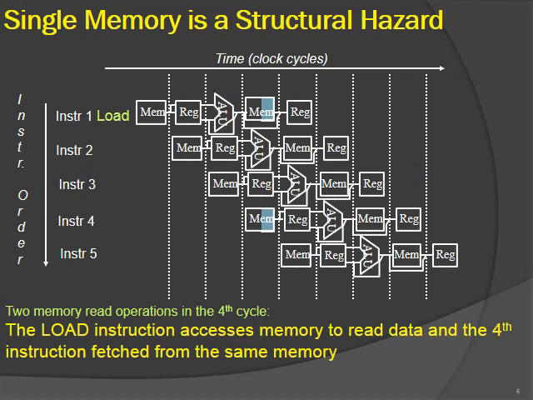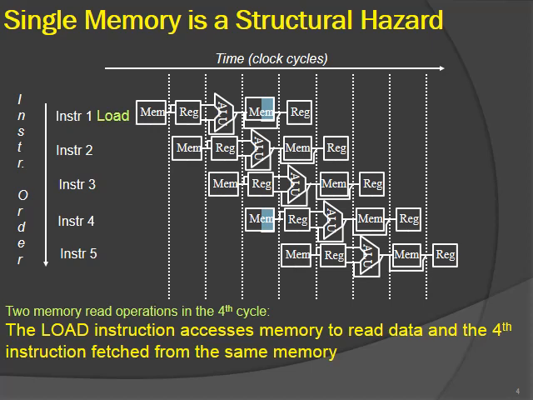In this figure, if we look at instruction 1 and instruction 4, it is quite clear that the memory module for instruction 1, at cycle 4, and the memory module for instruction 4 at the same cycle, both instructions are using the same memory module at the same time.